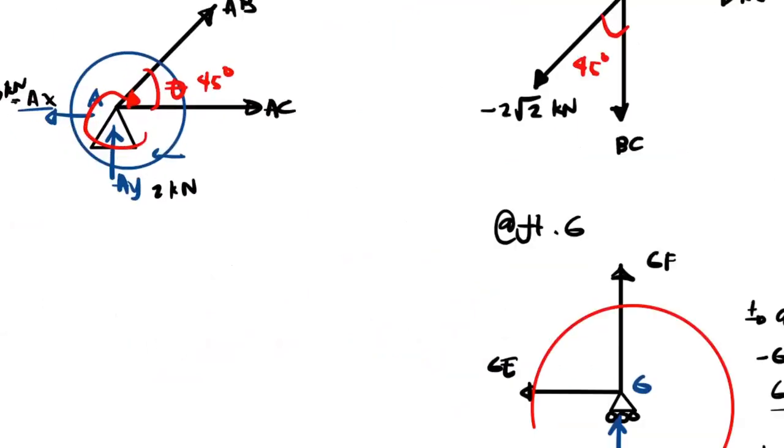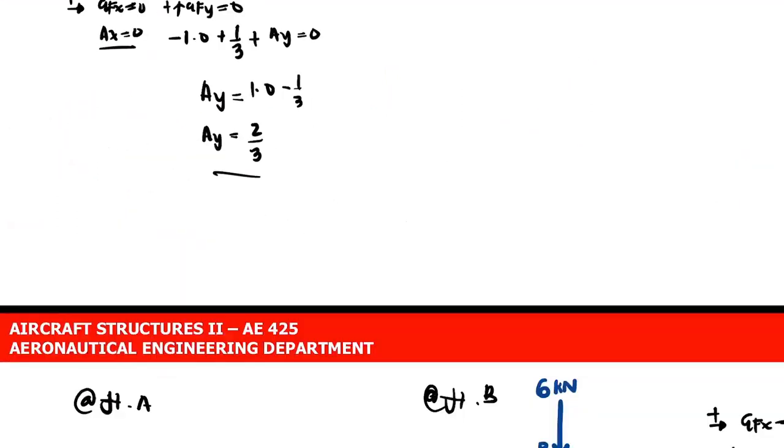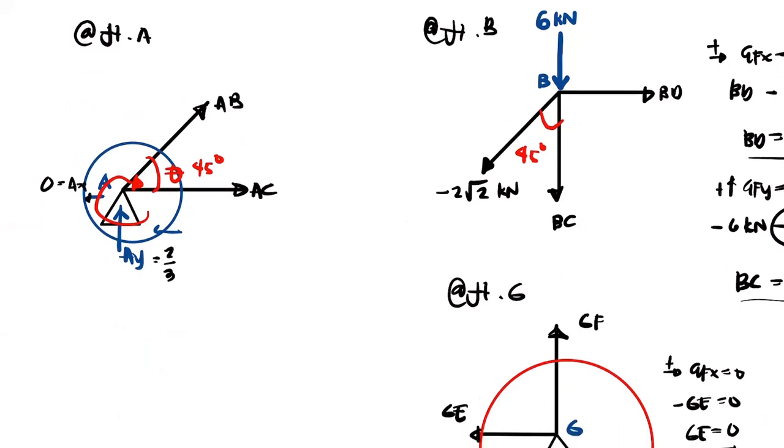Tapos, yung ating mga external force is babaguhin natin. So, dito, AY natin, ano ba yung AY is 2/3. Okay? So, AY is 2/3. AX is 0. So, kahit hindi mo na ilagay. Now, kunin mo na yung value ng ating AB and AC.